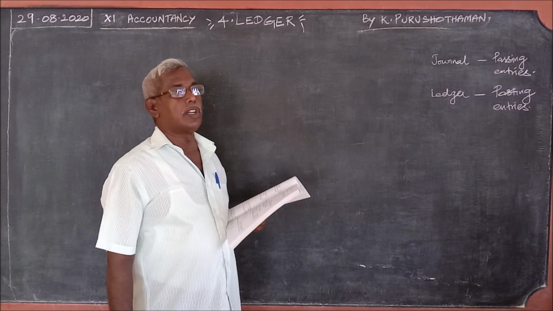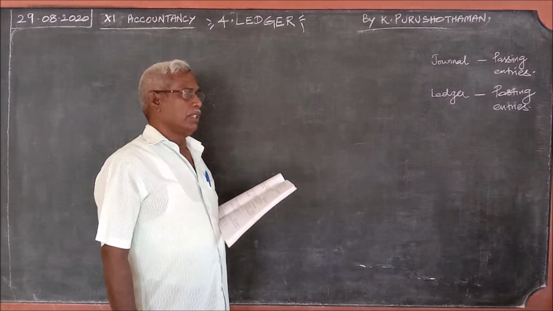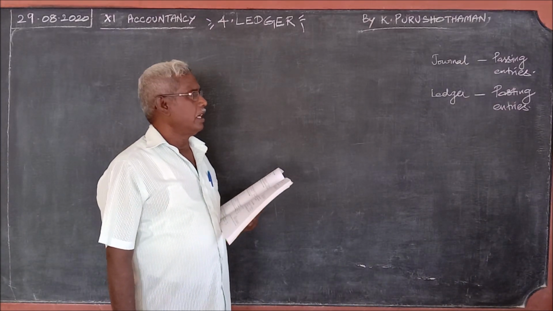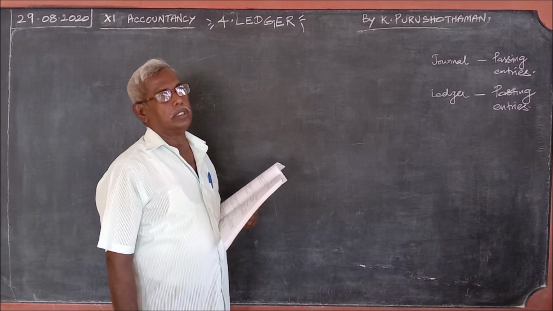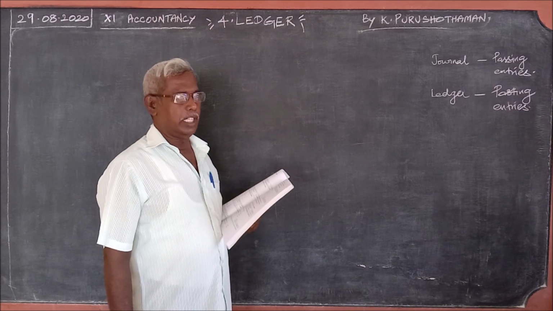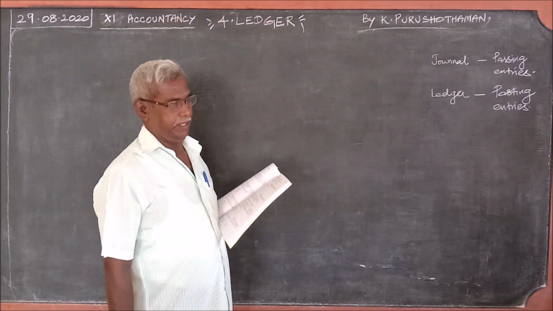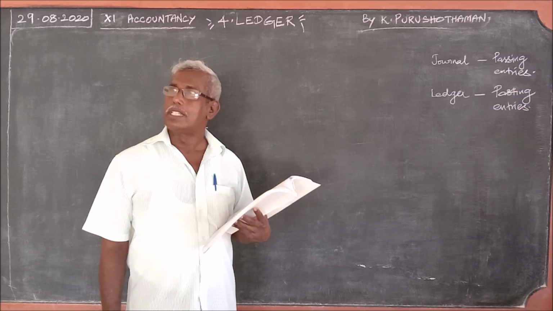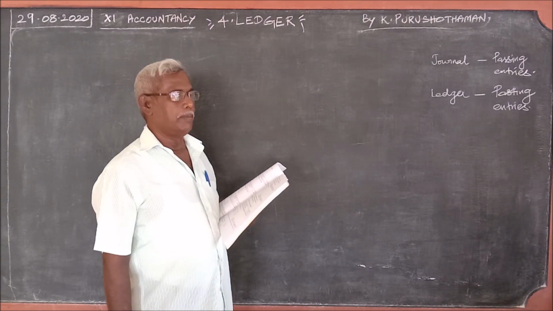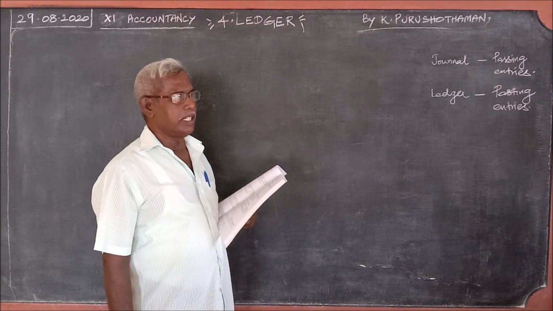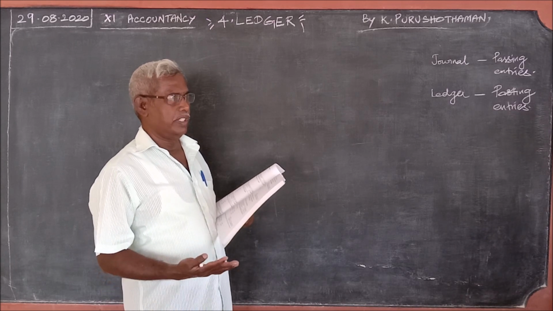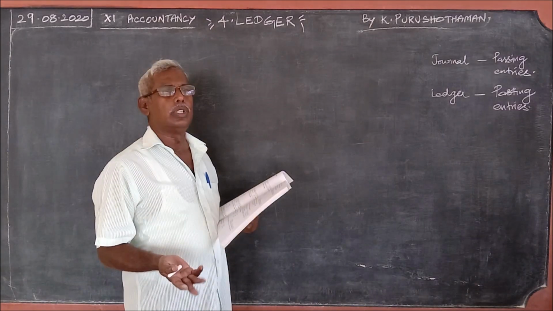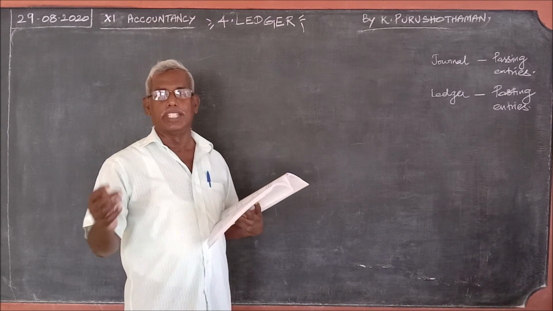Why is it called posting? Because this is not the first book an accountant is preparing. The first one is the journal. From the journal, the entries are transferred, that is posted, to another book called ledger.